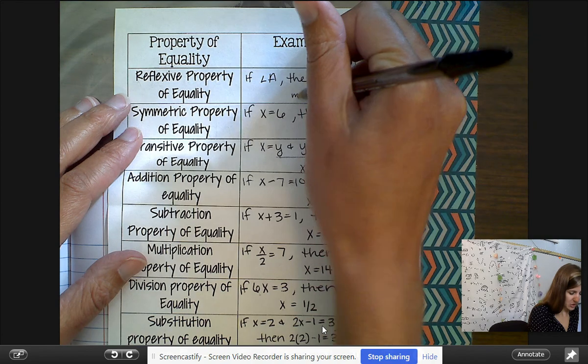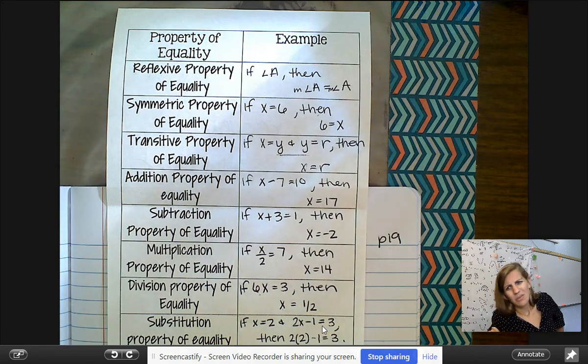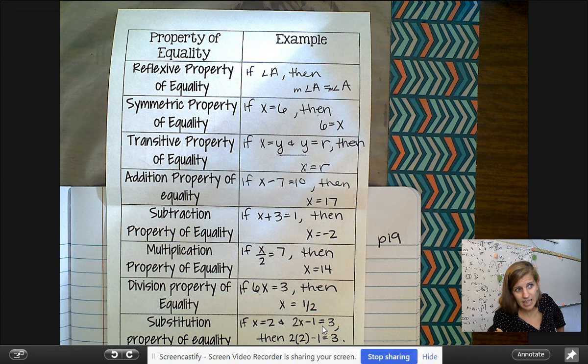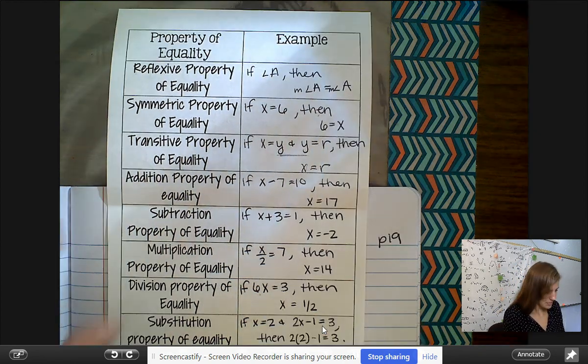And I should truly put the measure is equal to its measure. Which, like, why would you ever care, I guess? If I have an angle A, its measure is equal to itself. Like, it doesn't seem super useful, but it actually will be kind of useful later. So it's just saying the same thing is equal to itself.